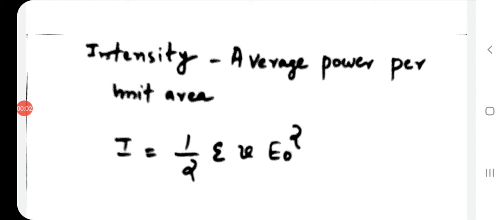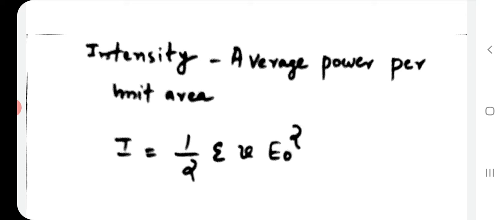Now we discuss the intensity of the reflected and transmitted wave when the electromagnetic wave is incident normal to the interface. We know the intensity, which is the average power per unit area, or average energy per unit time per unit area.